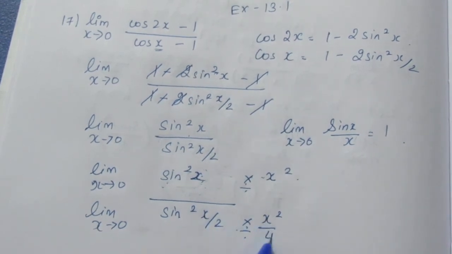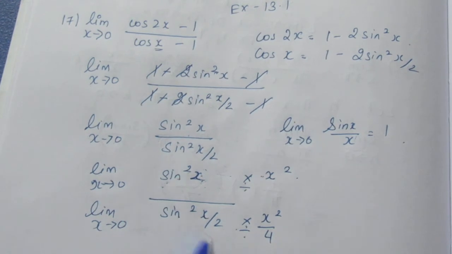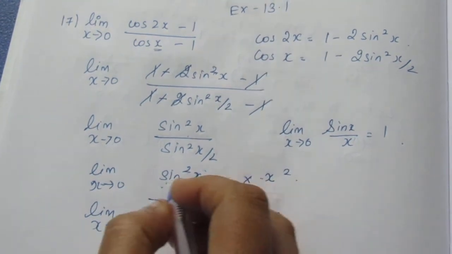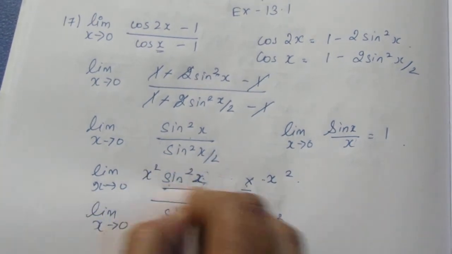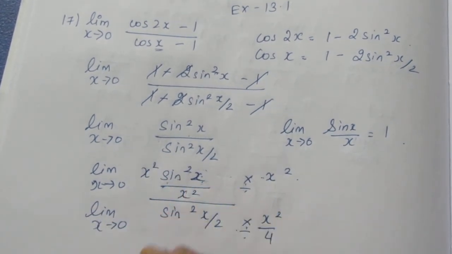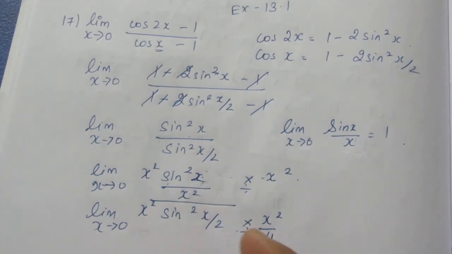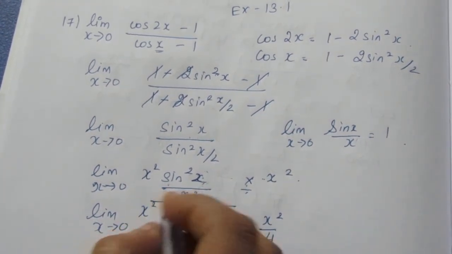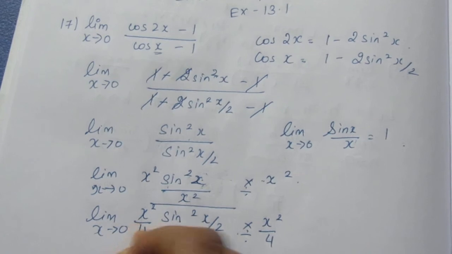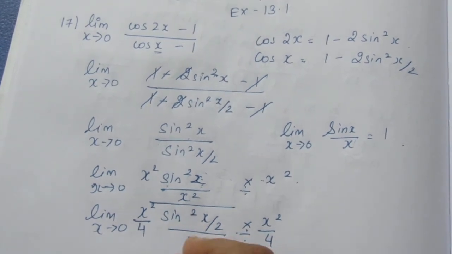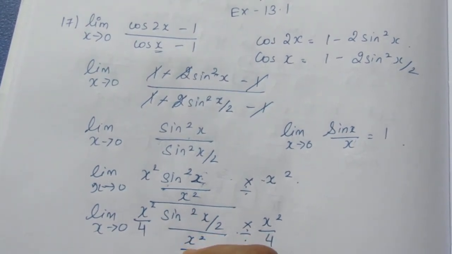Squaring it becomes x square by 4. So in the denominator, I need x square by 4, not x by 2. Here I am multiplying and dividing by x square on the numerator, and the same way, multiplying and dividing by x square by 4 on the denominator.